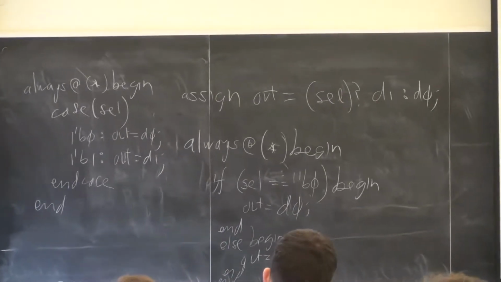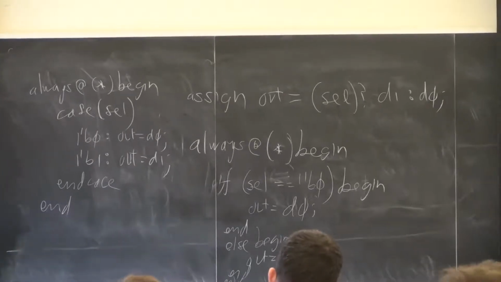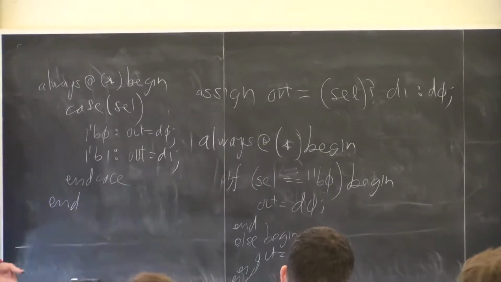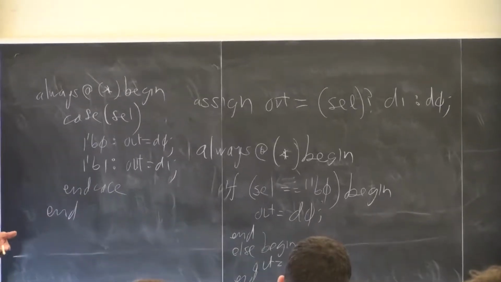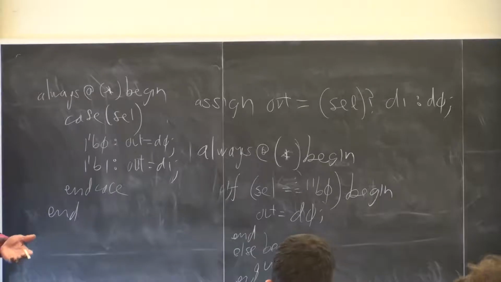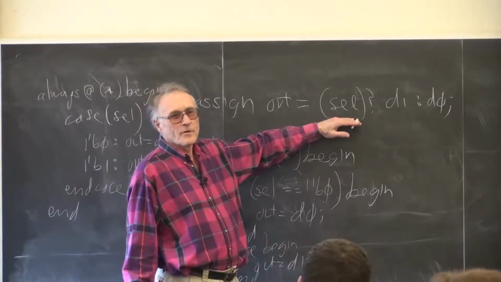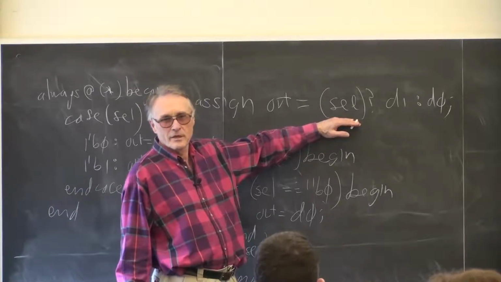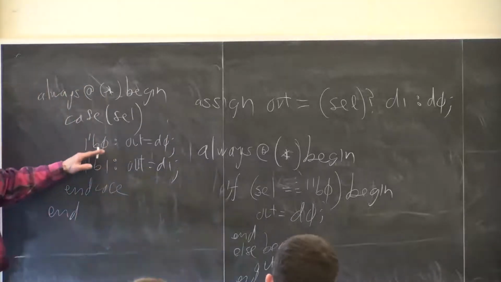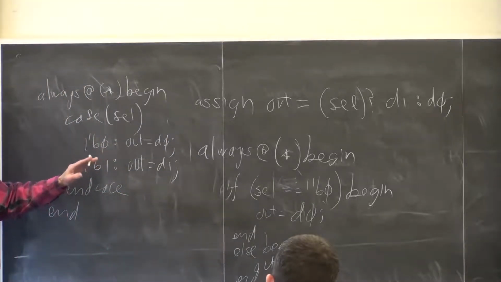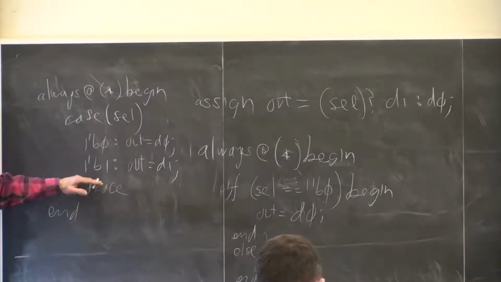So, 3 different ways of doing a mux. Which one you will use will depend a little bit on the complexity of the condition and how many mux options there are. For 2 mux options, this is pretty handy. For 3 or 4, it gets a little obscure to decode. If you have a regular condition where you have a series of bits that you're choosing on, a case is very nice.